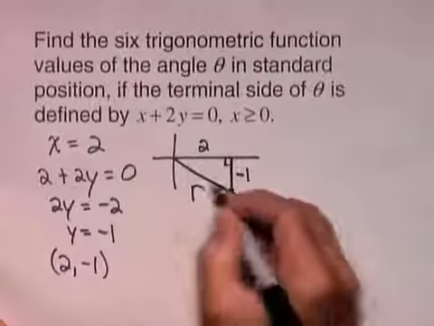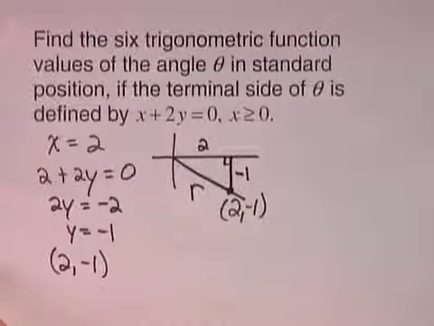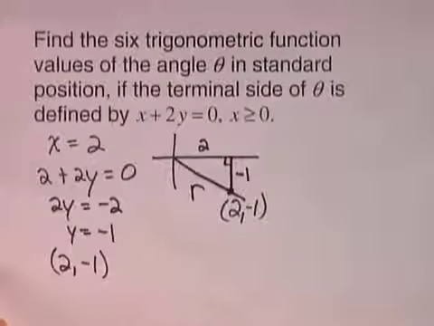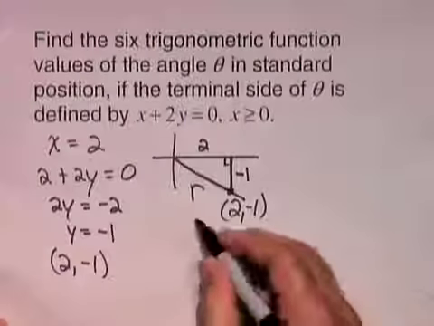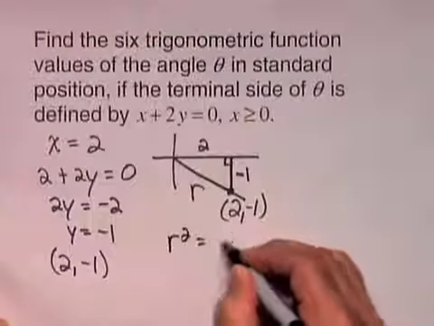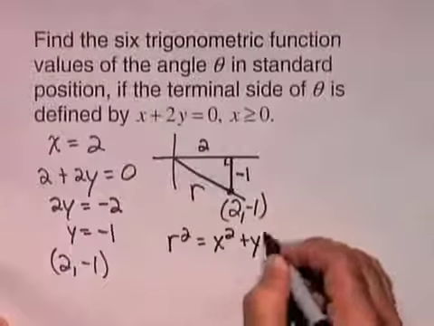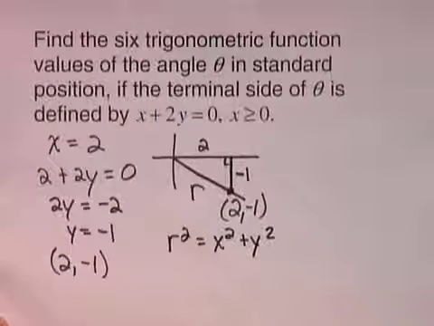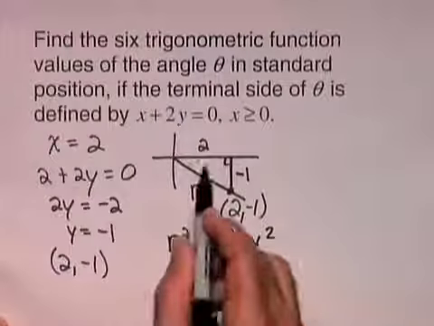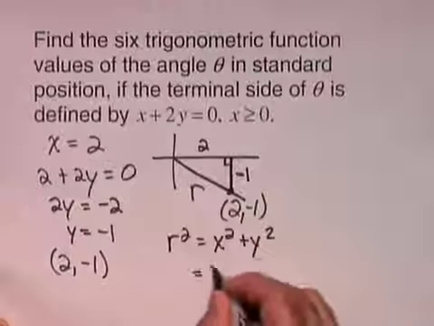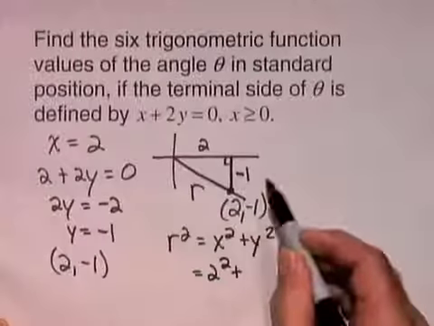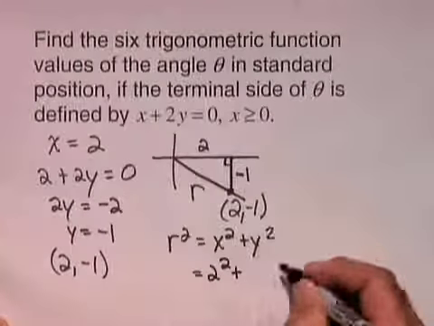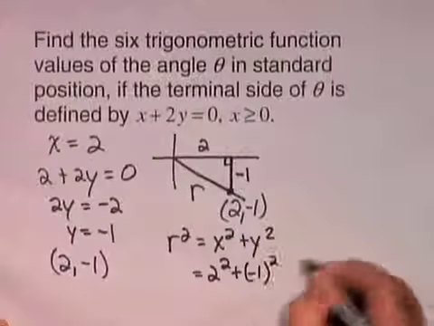Now, we need to find r, and we'll do that by using the Pythagorean theorem. We would have that r squared is equal to x squared plus y squared. And, of course, x is equal to 2. So it's 2 squared plus y, which is -1, -1 squared.